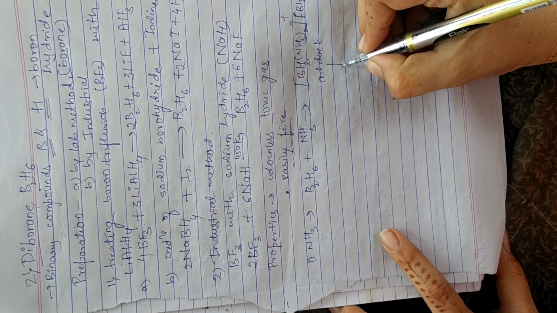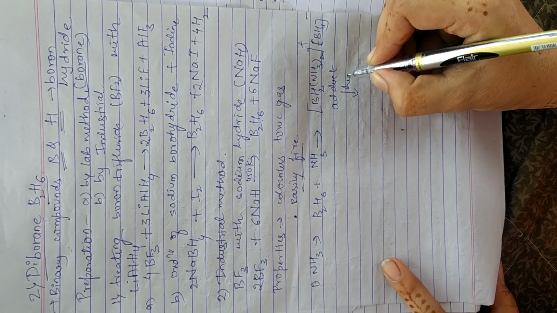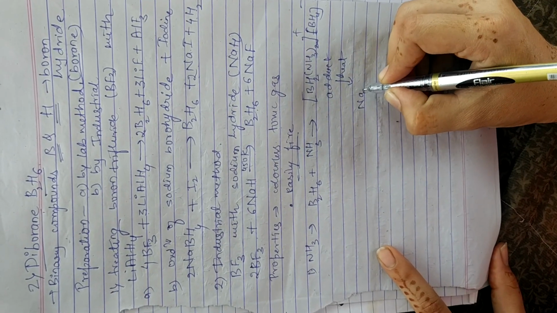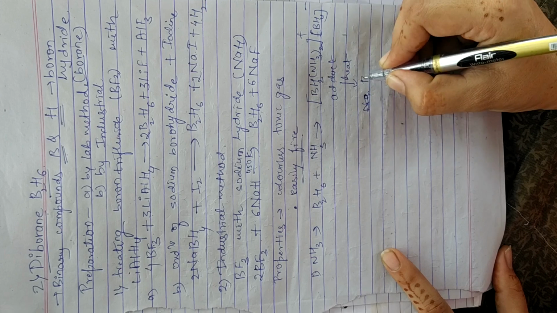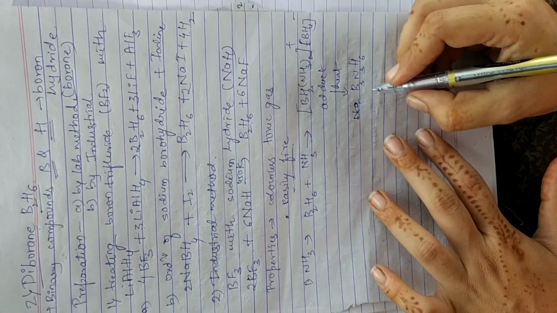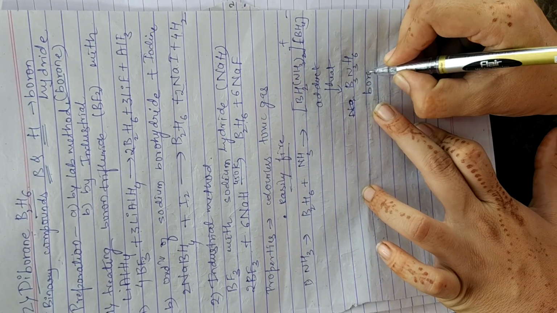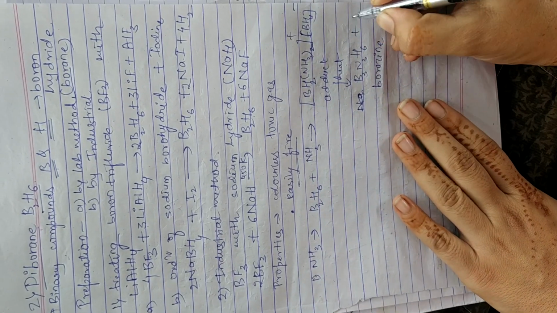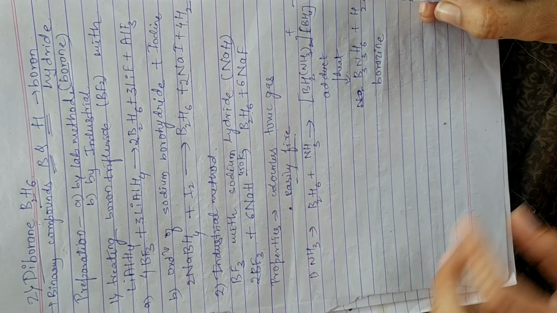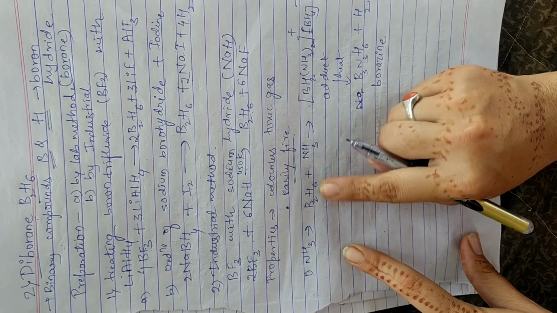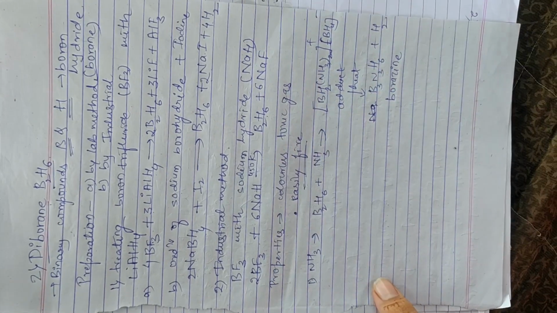If we continue to heat this adduct, we will get borazine, that is B3N3H6, along with dihydrogen. This is the reactivity of diborane with the ammonia molecule.